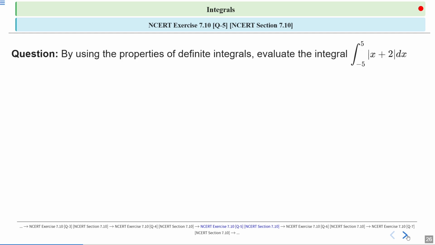We have to remove the mod sign to integrate it, and when we remove the mod sign, it is either positive or negative according to whether the function is positive or negative on that interval. So at first we have to find at which interval x plus 2 is positive or negative, and then according to that interval we have to integrate it. So just try.